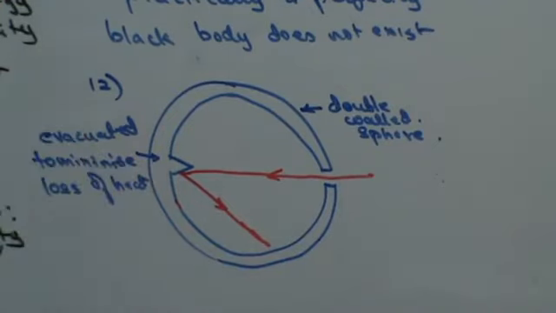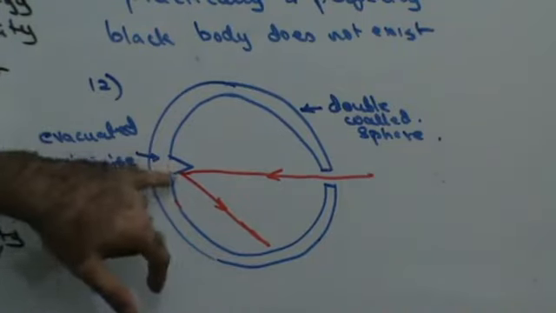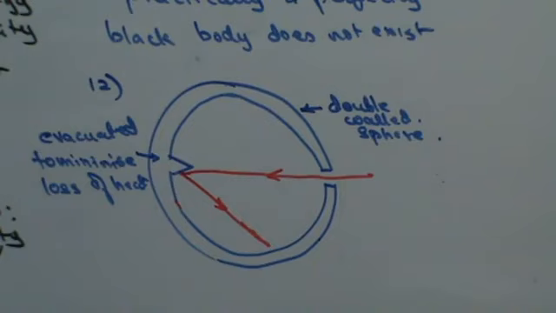First of all, this inner surface is made up of lamp black. So when the light energy hits the conical part, 98% of the light energy is going to be absorbed. The remaining 2% is going to be reflected within the sphere.